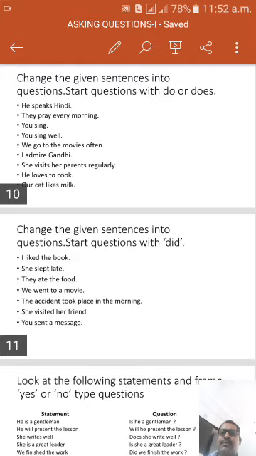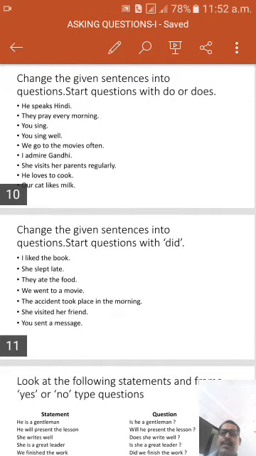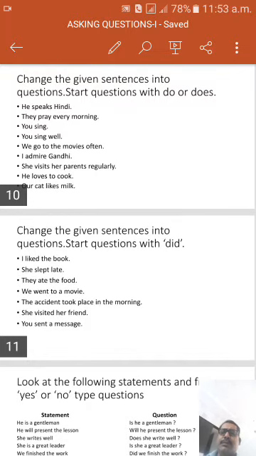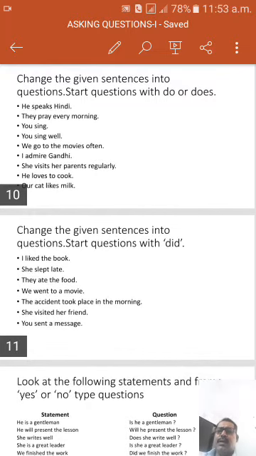They ate the food. We went to a movie. The accident took place in the morning. She visited her friend. You sent a message. So in all these statements, we are using V2 form of the verb. All these sentences are in simple past tense.